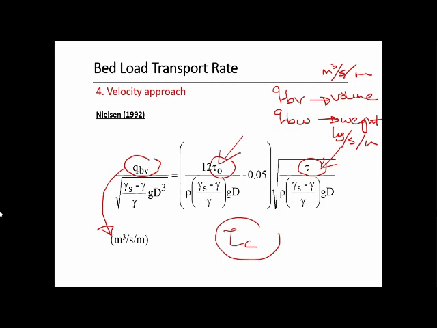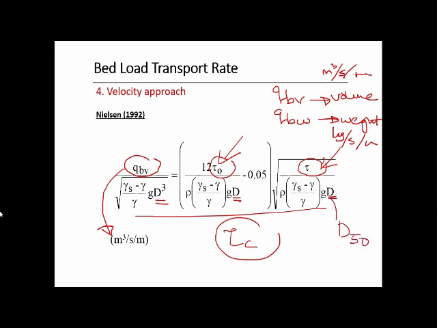But what we are interested in here is that we have the equations of Nielsen given by these expressions, and we can determine the volumetric sediment discharge that is transported in the river. In this case, D here is your sediment size. As usual, if the size is not given, then you take D as your D50.